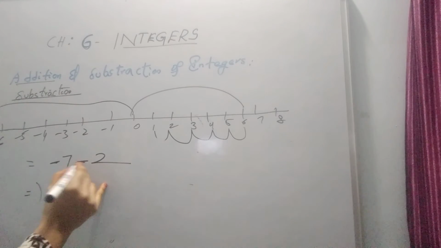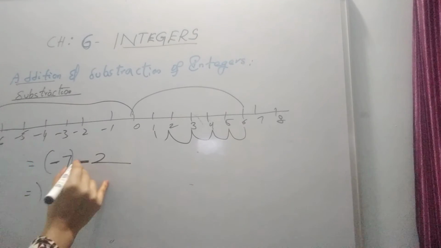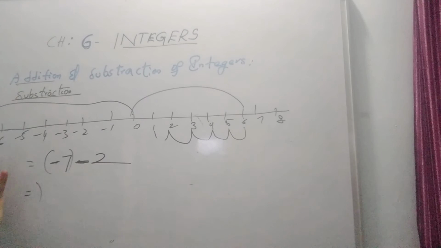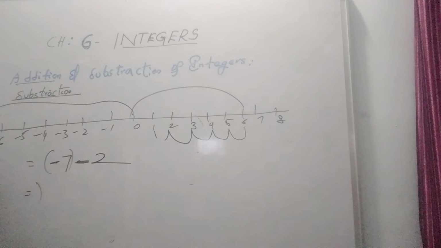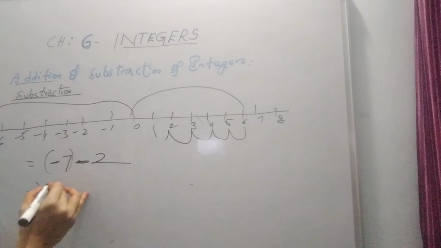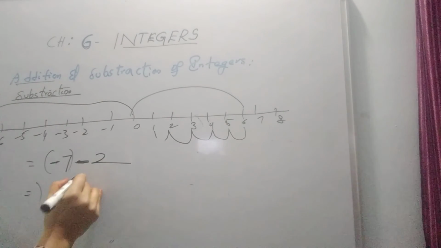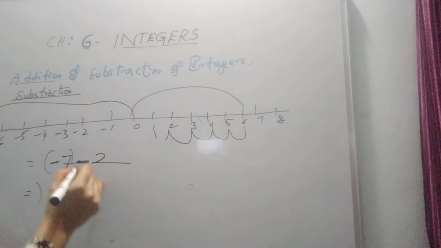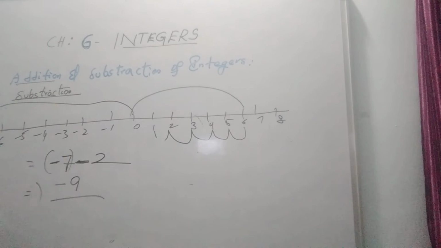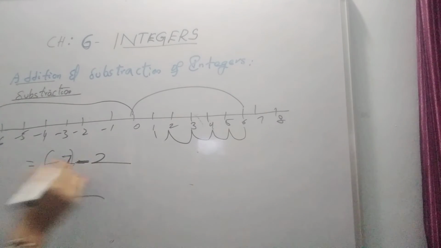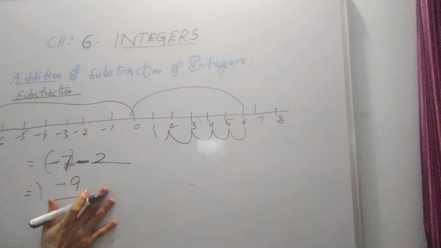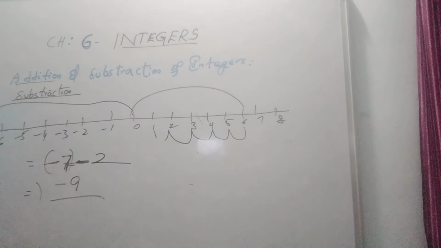Next, what is our symbol here? Minus symbol. For a minus symbol, do you jump right or left? We jump to the left side. What do we get? -9. So -7 and -2 is -9. We have to do subtractions and additions of integers on the number line like this.